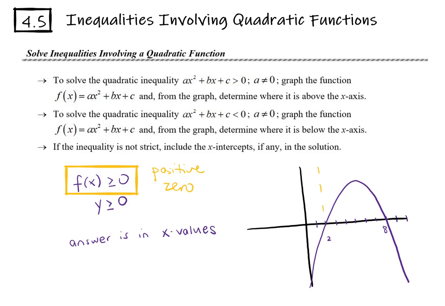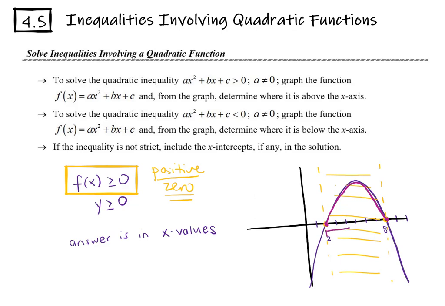I'm going to draw the regions at the x-intercepts where it crosses, and I want to look for the regions that are positive inside. So that would be this region. So I want to go in between my two endpoints, but also I want to include the zeros. So I'm going to include these answers as part of my answers. And so my interval is on the x-axis where it pertains to the positive and the 0 values.